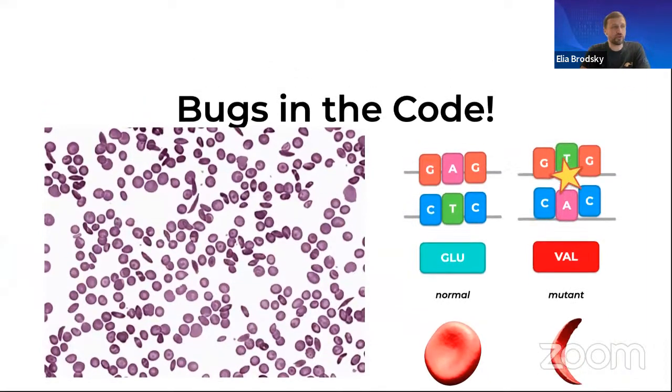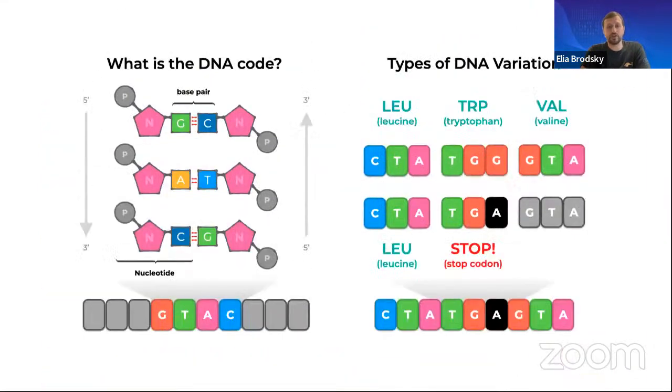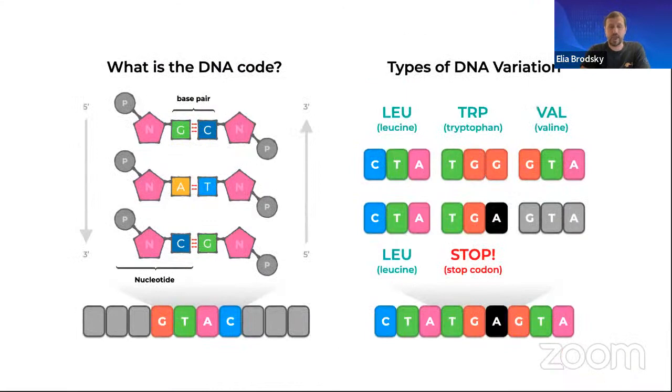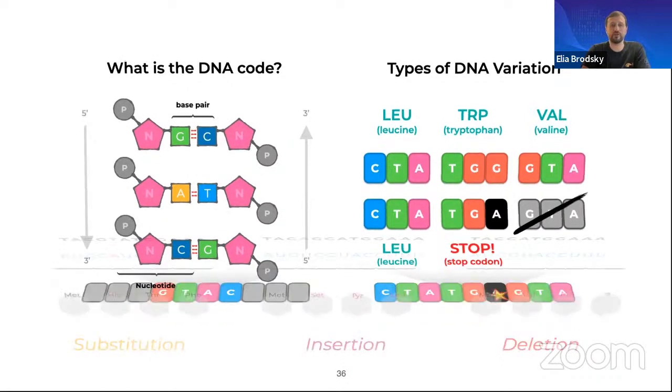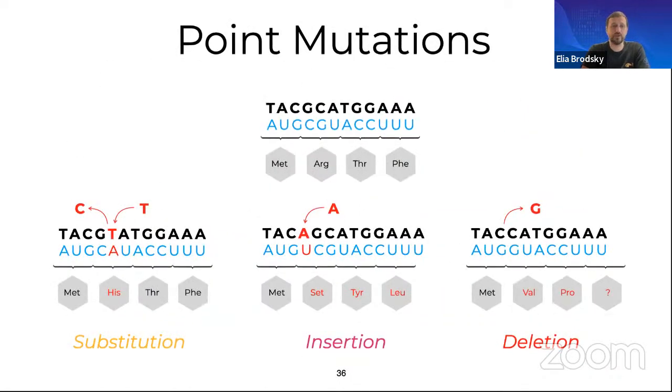What we will also look at is how we can start characterizing these mutations and understanding their functionality, how individual nucleotides form codons, and how changes in specific positions in these triplet codons result in a change at the amino acid level. We will talk about different types of point mutations, like substitutions, insertions, and deletions.